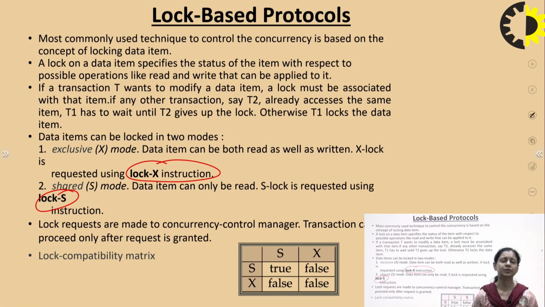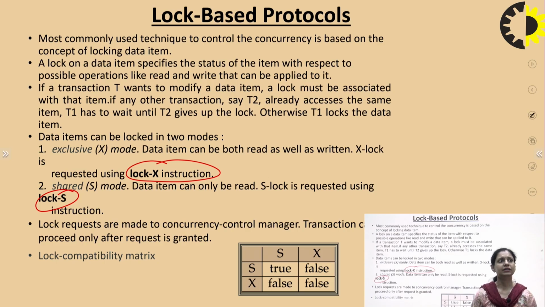Now, the lock based protocol basically says that whenever we apply a lock onto a data item, the other transaction cannot acquire that lock until the transaction that has already taken the lock unlocks it. Only then can that variable be locked by some other transaction.